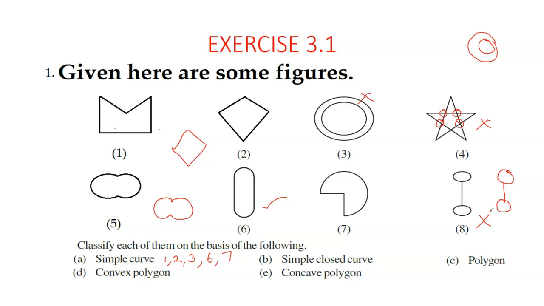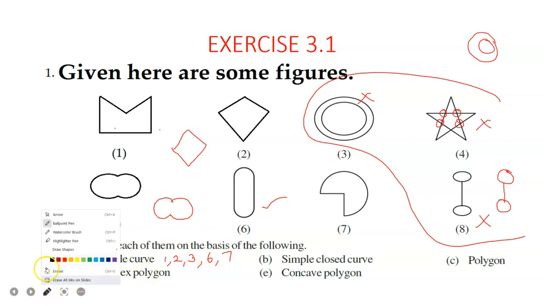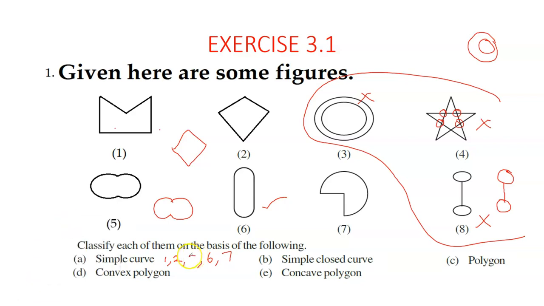So only 1, 2, 5, 6, 7 will come, right. This is not 3, this is 5, okay, because 3 will not come, 4 will not come, 8 will not come. 1, 2, 5, 6, 7 are simple curves, okay.